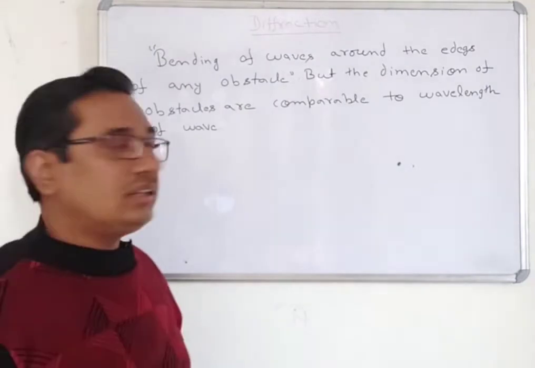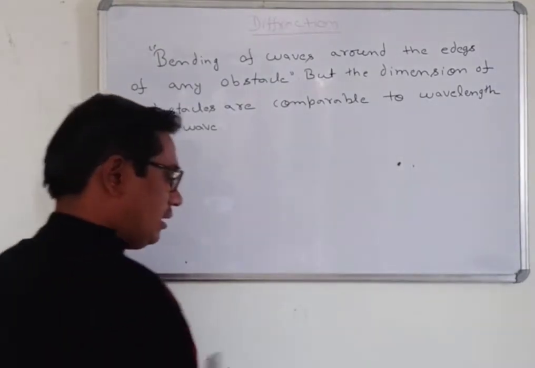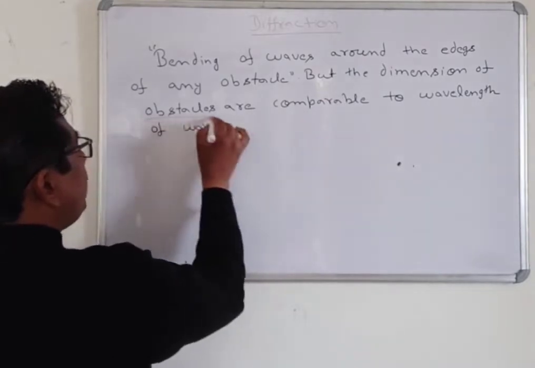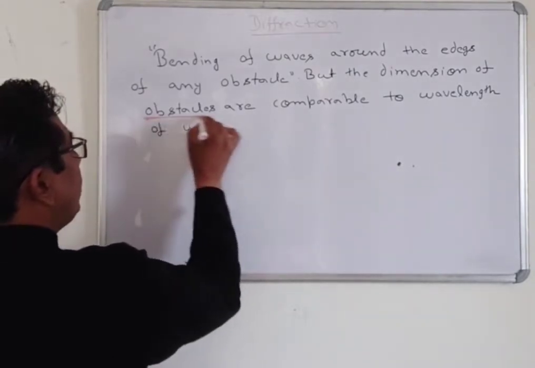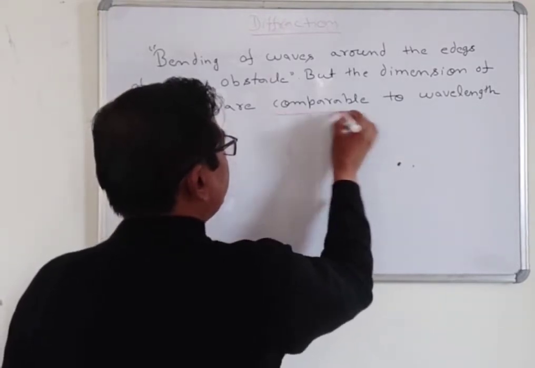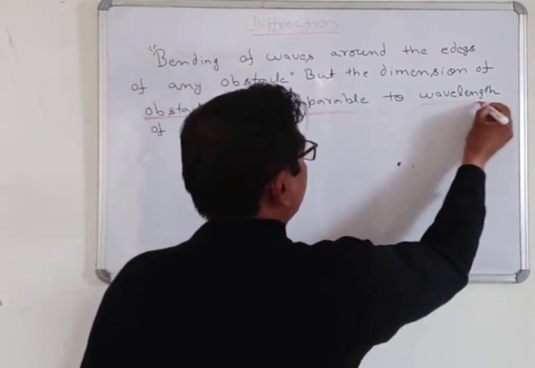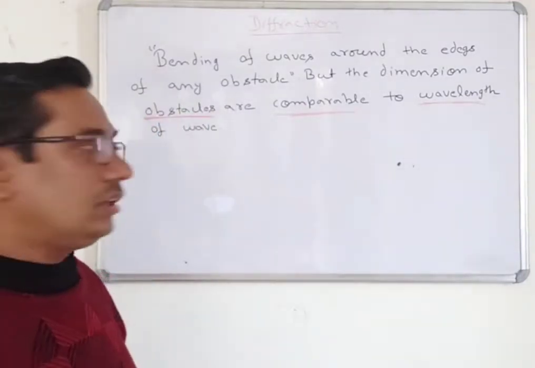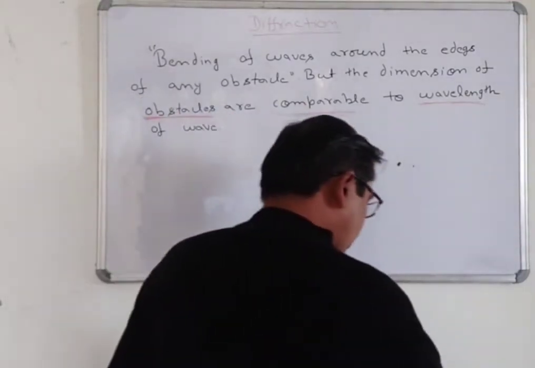What is the meaning of that? Here I have written that the dimension of the obstacle, it means that the size of the obstacle should be comparable with the wavelength of the wave. Then you will see the diffraction. What is the meaning of that?